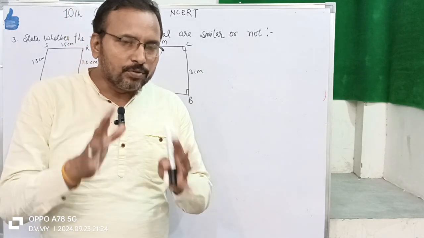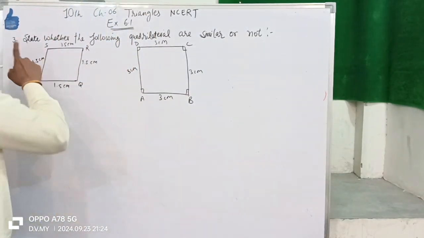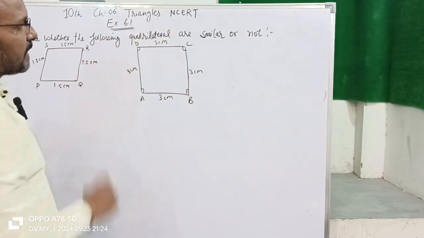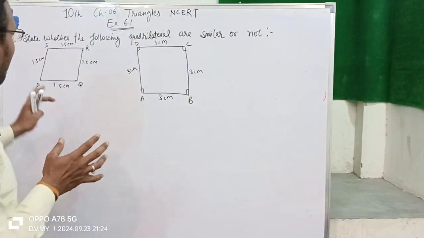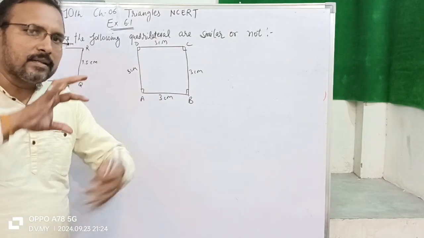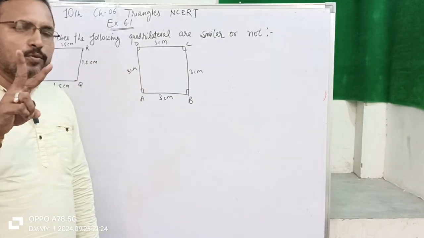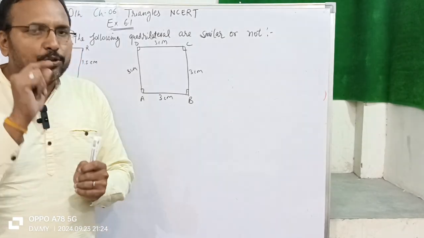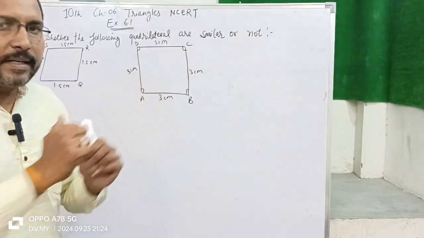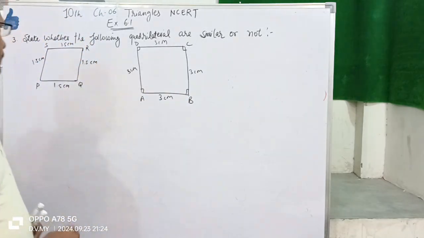Students, this is the last sum of this exercise. State whether the following quadrilaterals are similar or not. We have to tell whether both these quadrilaterals are similar or not. As we know, two figures are said to be similar if their corresponding angles are equal and their corresponding sides are in proportion.